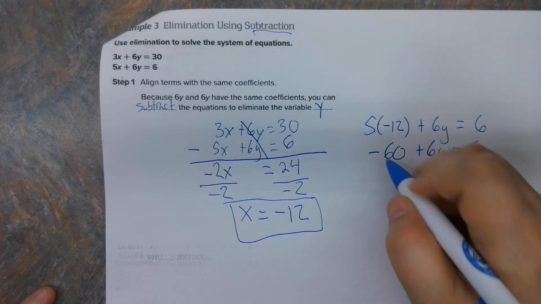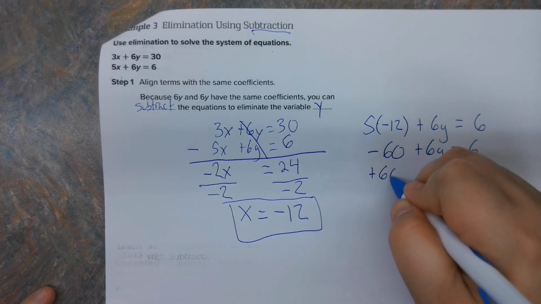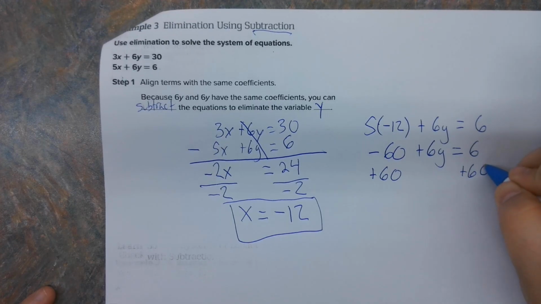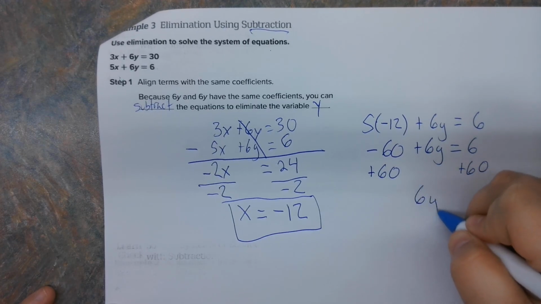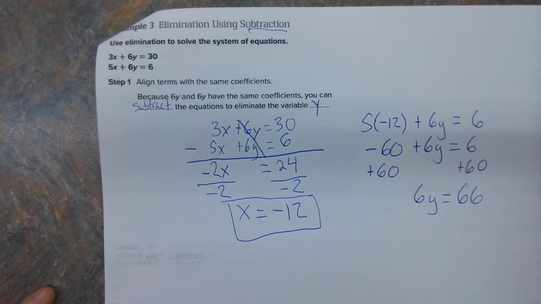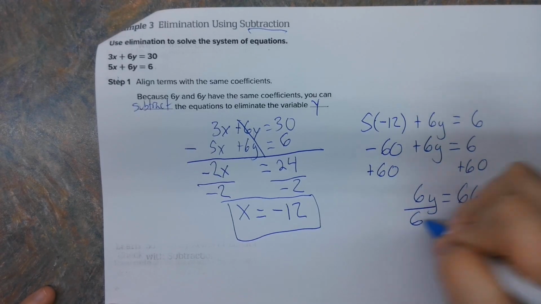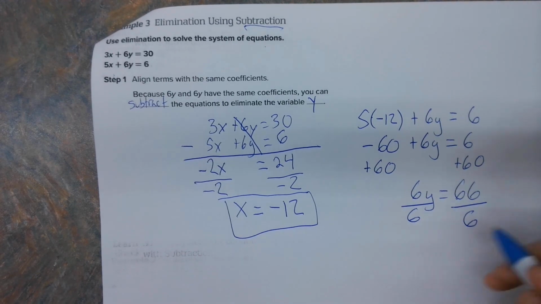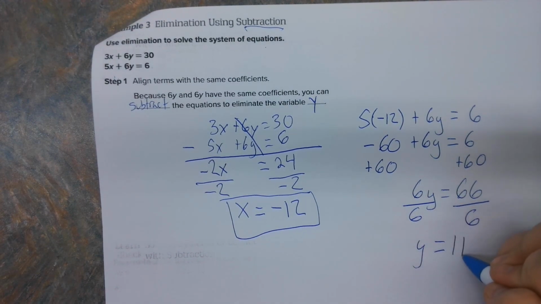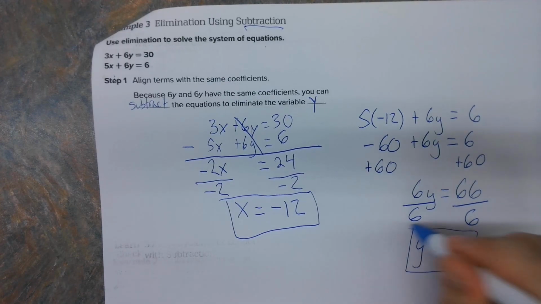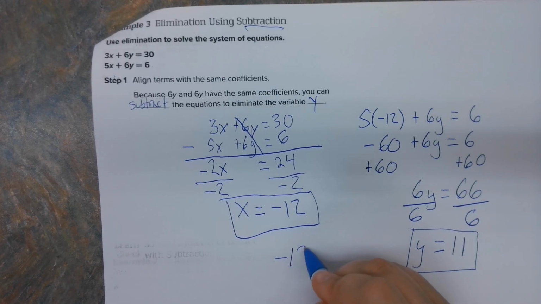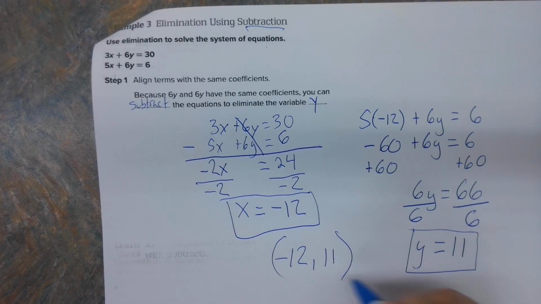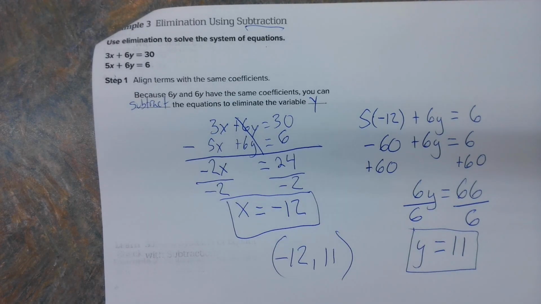Well, I got to get rid of this 60, so I'm going to add 60 to both sides. Now I have 6y equals 66. Divide by 6, lots of 6's here. Y equals 11. Set it up as an ordered pair. Negative 12, comma, 11. Okay?